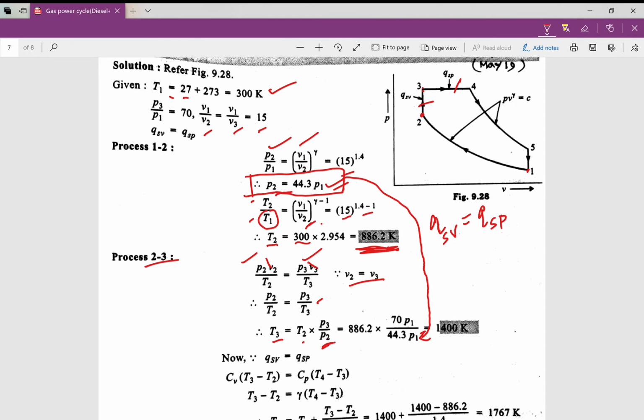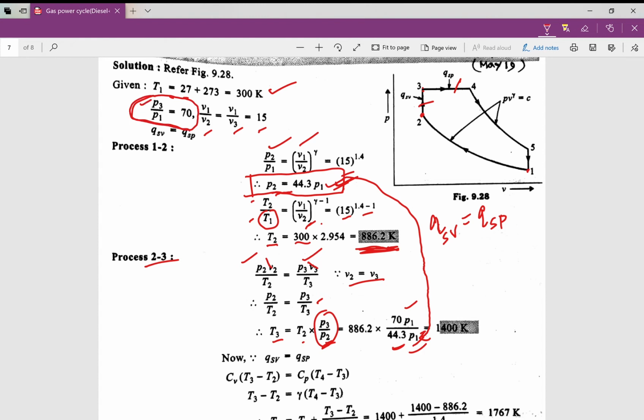You see how we got it so easily. Therefore it was kept early as it is, and used over here. P3 upon P2: P3 is already known in terms of P1, because the ratio P3 upon P1 is given.